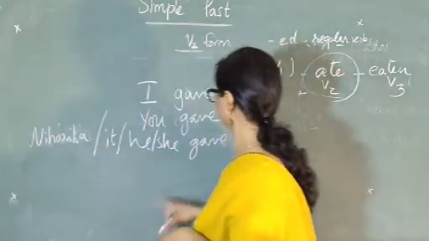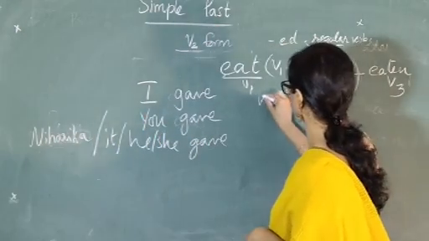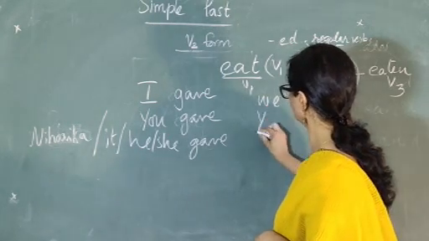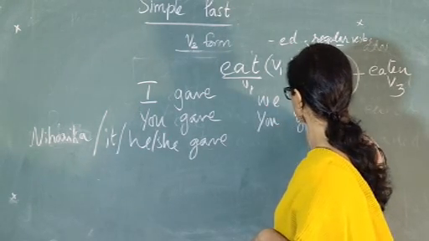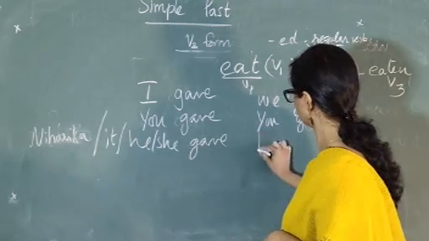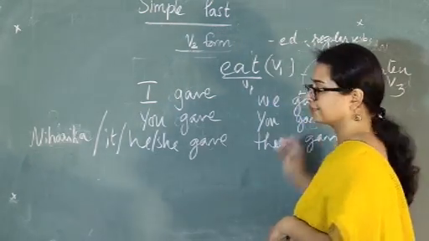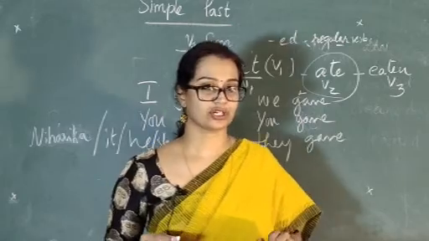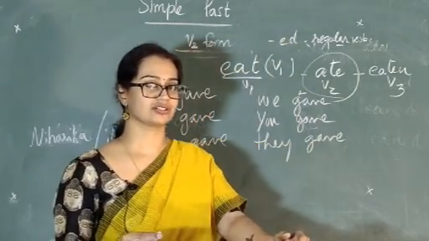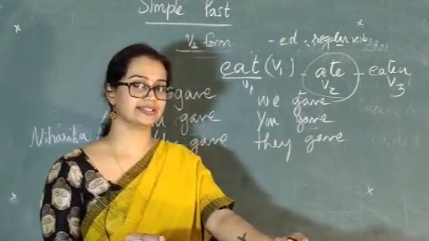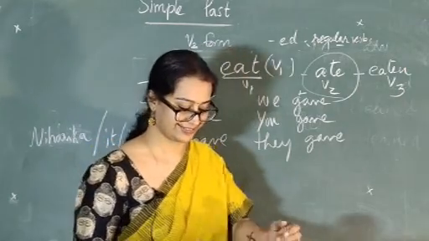Niharika gave, we gave, you as of the whole class gave, they gave. I hope it's clear. So not a very complex thing to understand. It's quite simple, right? It's not rocket science.